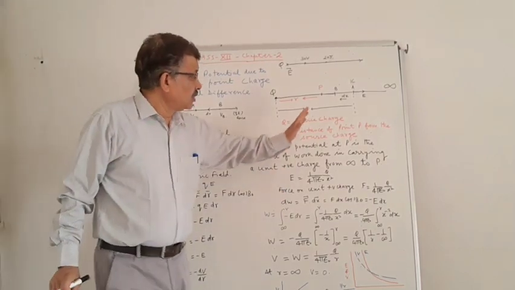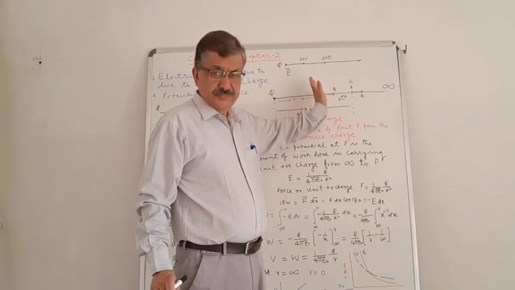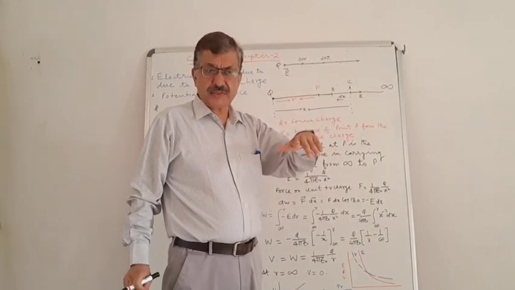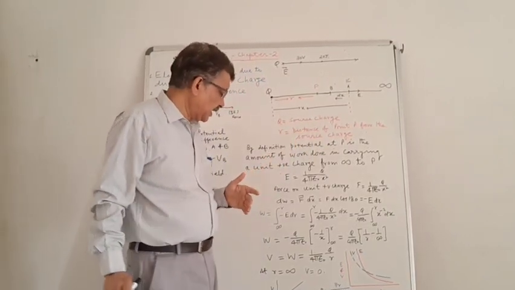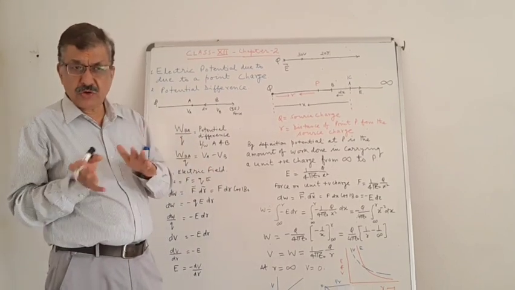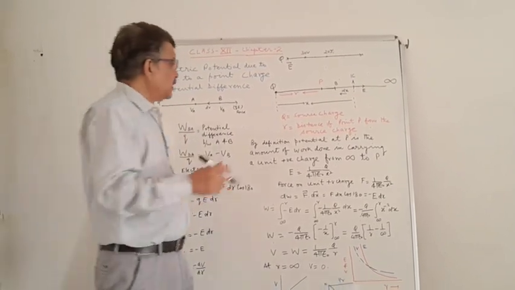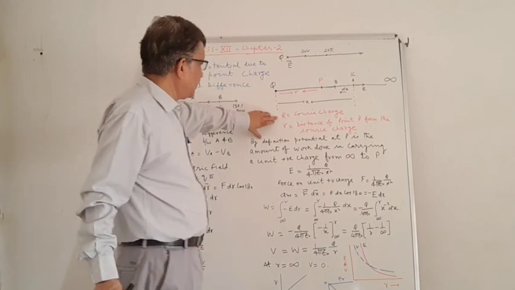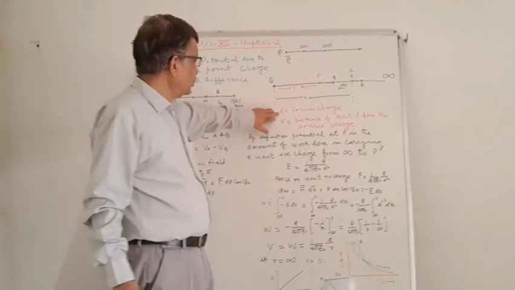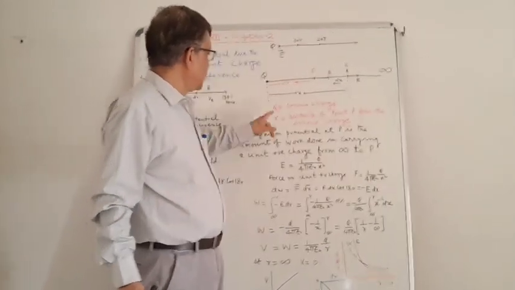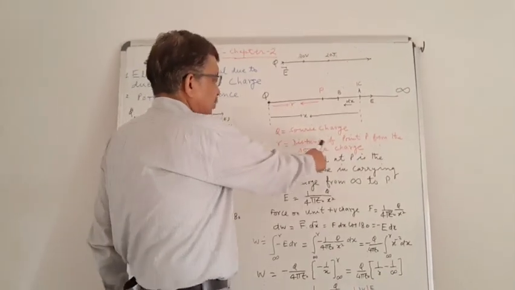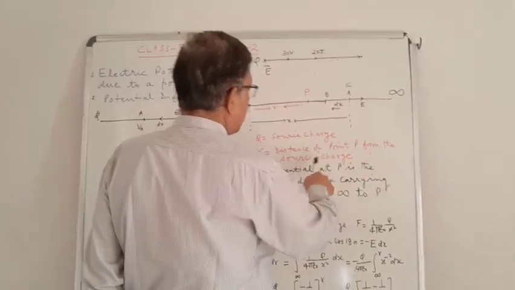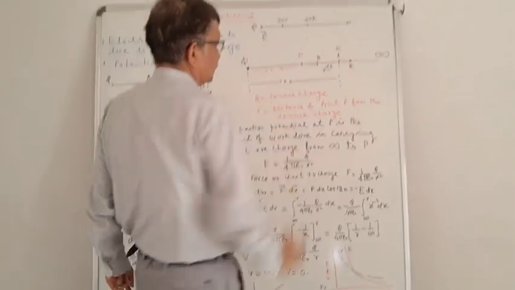Now we have to calculate the work done in taking the unit positive charge, and that work done will directly give the value of the electric potential. These are the parameters: Q, the source charge, and R, the distance of the point P from the source charge.